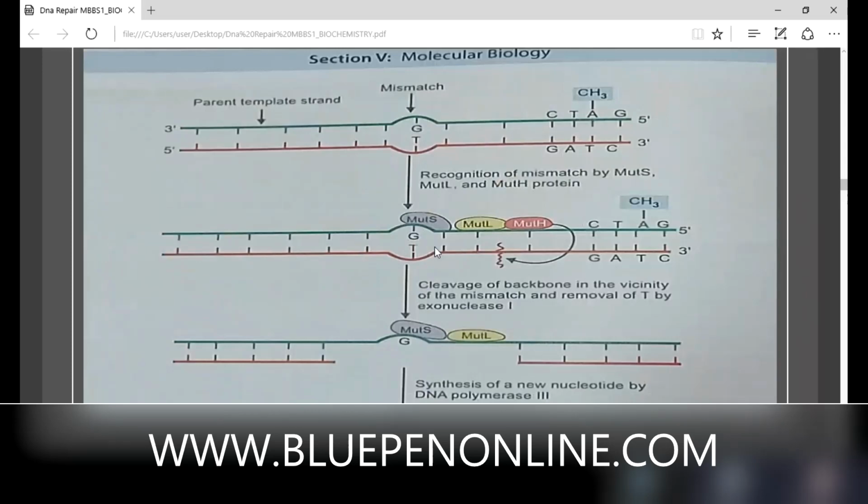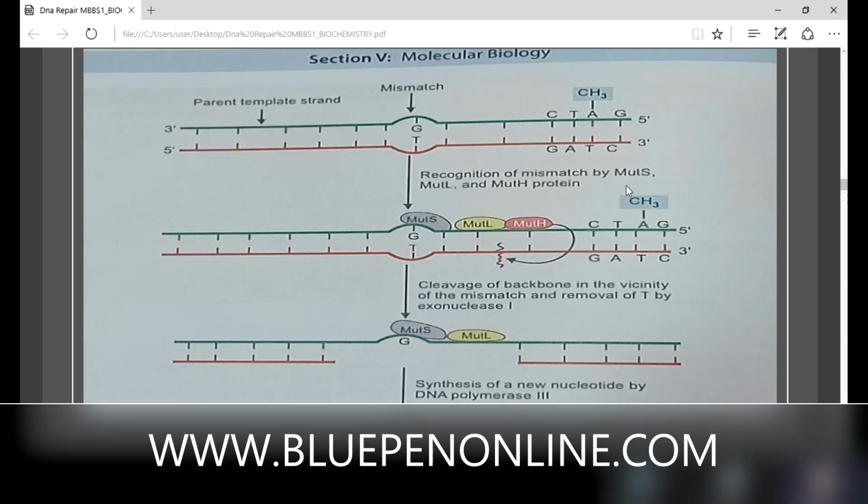In this diagram, it is more clear. You can see this parent template strand, the upper strand. The difference is there. Normally, we draw the diagram of DNA with the parent strand lower and the newly synthesized strand upper. So, here, the parent template strand. Then, what happens?